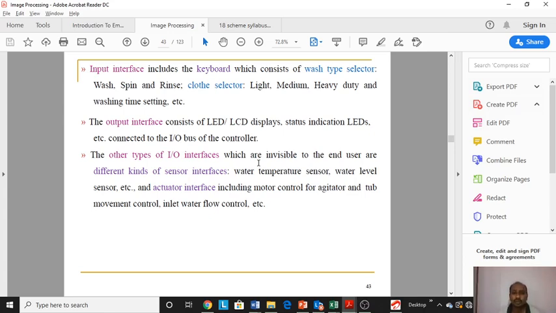The third one is the input output interface, which is invisible. That is what we call the sensor interfaces, which sense the water level as well as the temperature, and also the actuator interfaces, which include control of the rotation of the motor, movement of the tub, and so on, right?